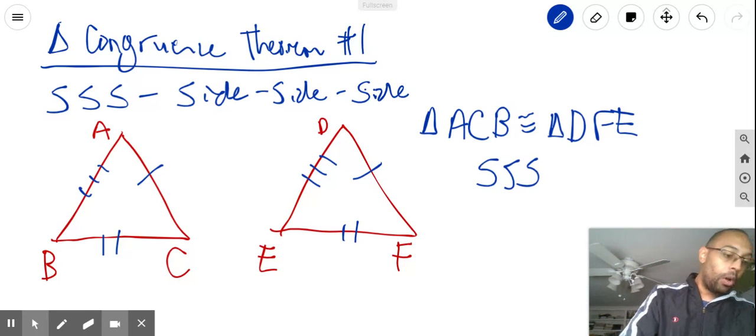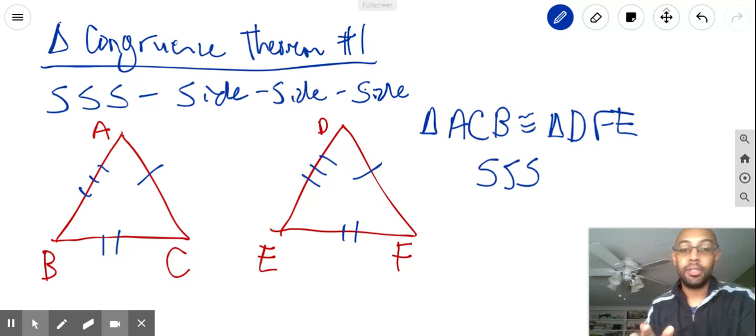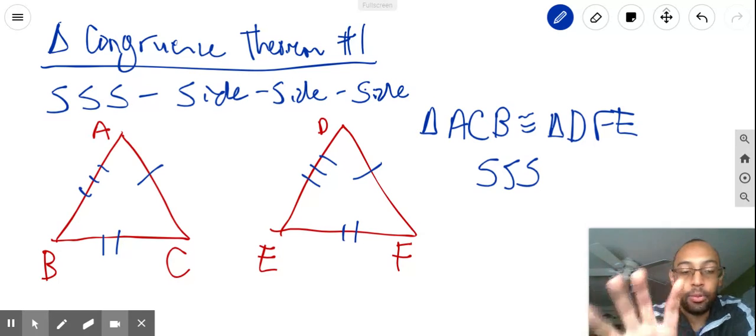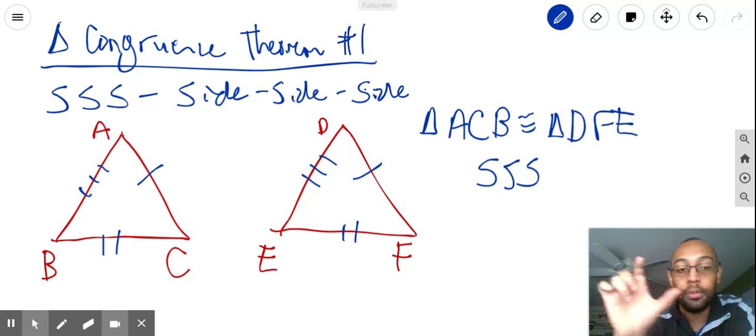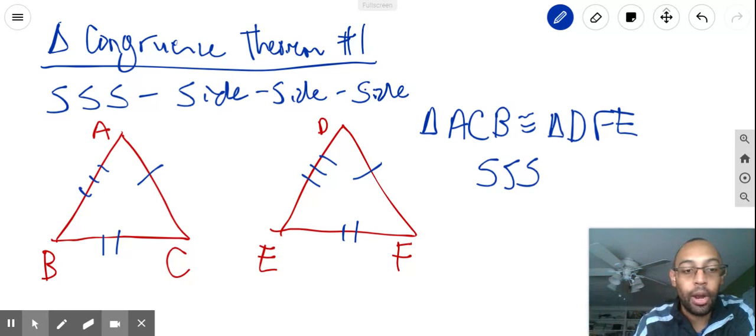Once again, I'm going to reiterate this piece by piece. If you're given three sides of one triangle and it matches up with three sides of another triangle in terms of matching up congruence statements with the segments of the triangle, then you can prove that the triangles are congruent by side. So A to C matches up with D to F. That one tick mark shows that those segments are congruent.